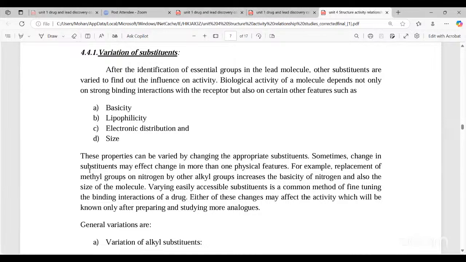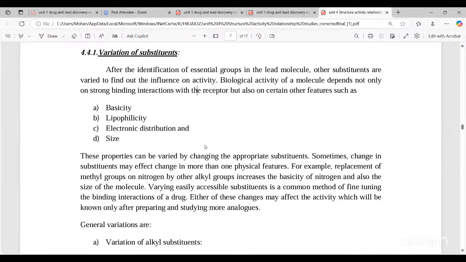Taking one example, replacement of the methyl group on nitrogen by other alkyl groups increases the basicity of nitrogen, because the alkyl group itself is not basic, while the nitrogen has the basic nature. The size also increases. So varying the substituent is a common method of fine tuning the binding interactions of the drug.